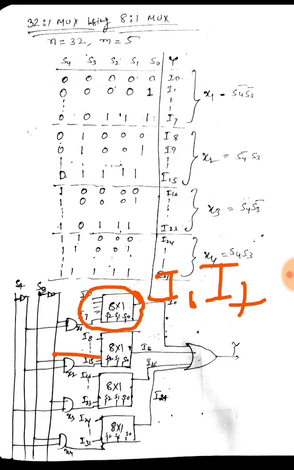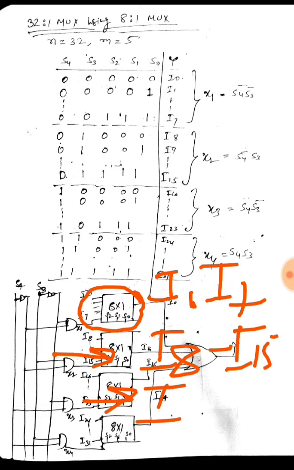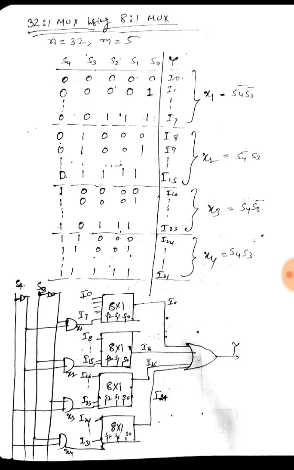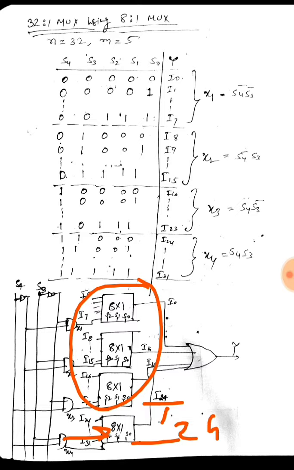Now if this one is working, then I would get I8 to I15. Similarly, if this mux is working, I would get I16 to I23, and in the last, if all of them are disabled and this one is enabled, I would get I24 to I31.